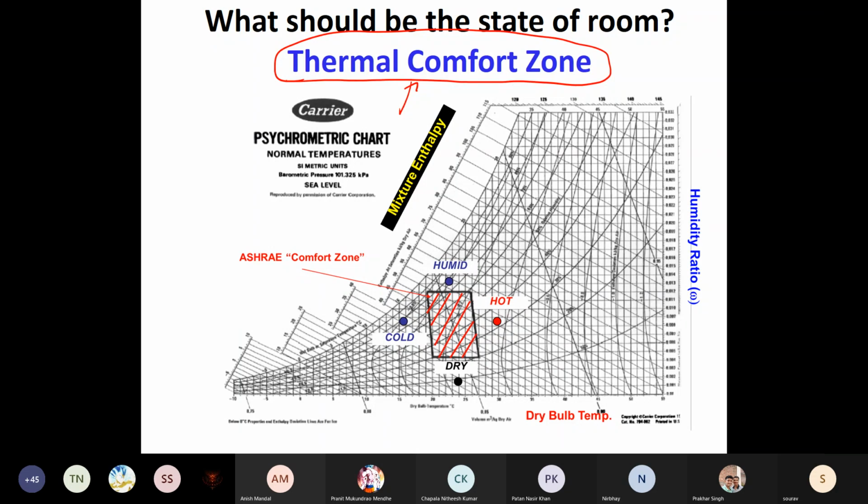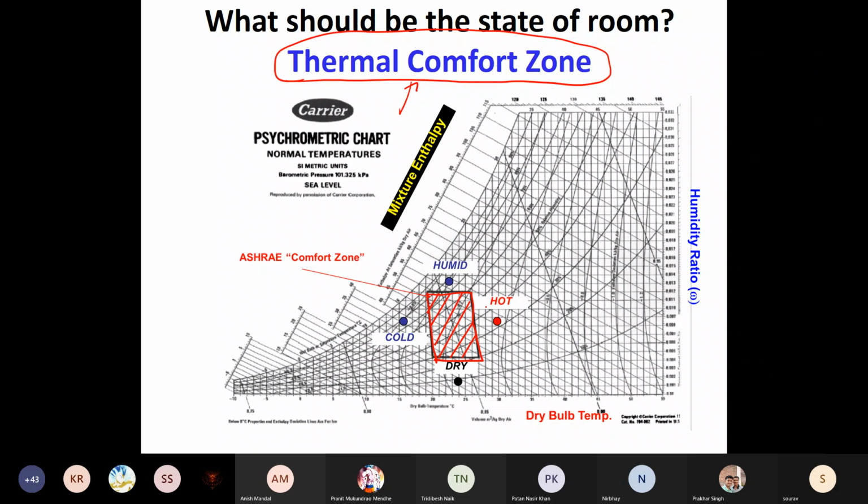People from European regions, when they visit our country and wear a full suit and trousers during summer, will feel it is very uncomfortable even in an air conditioned environment. So thermal comfort is a very personal thing, and all ASHRAE can do is conduct a huge amount of survey and create some kind of guideline where the majority of the people feel comfortable.